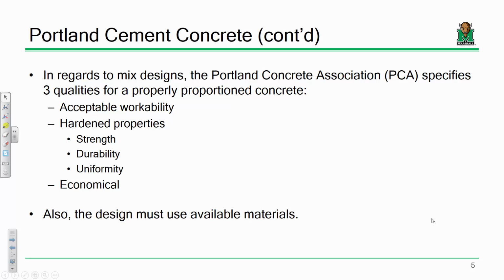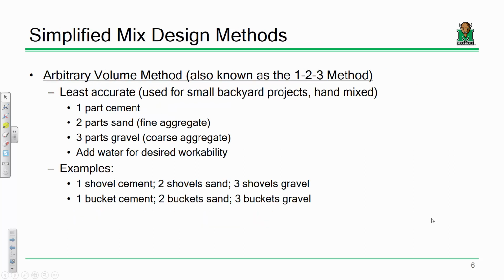We want to make sure that we're getting the hardened properties at the end that we're after, so acceptable strength, acceptable durability, and so on. But it also has to be economical. One of the key aspects of being economical is that you want to use available materials, locally available aggregate, and so on.